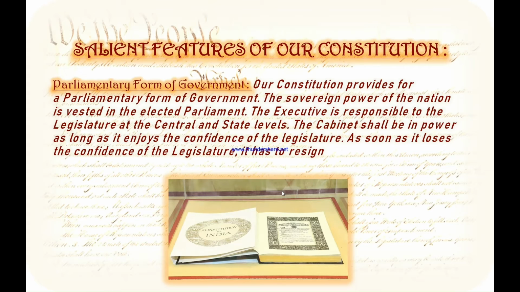The sovereign power of the nation is vested in the elected representatives. The executive is responsible to the legislature at the central and the state levels. The cabinet shall be in power as long as it enjoys the confidence of the legislature. As soon as it loses the confidence of the legislature, it has to resign.